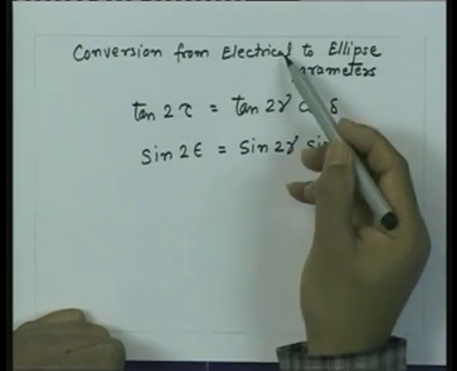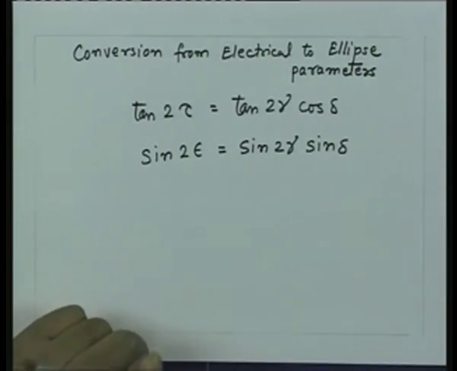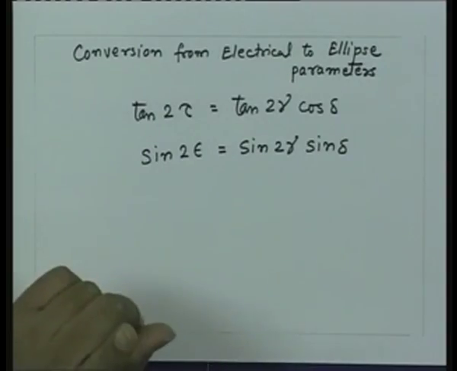So if we know the amplitude ratio of the two fields exciting this wave, and the phase difference between them, I can find the tilt angle and the axial ratio of that ellipse.